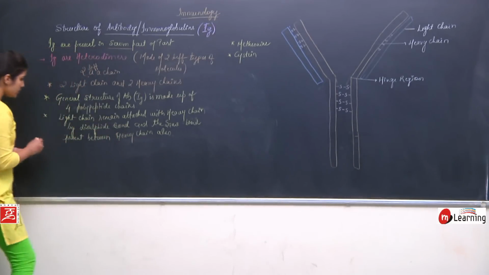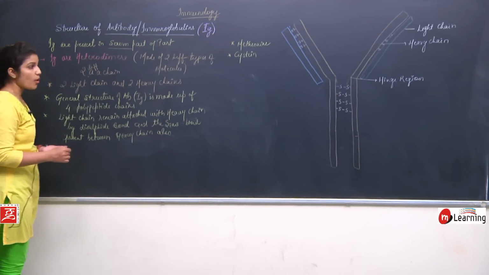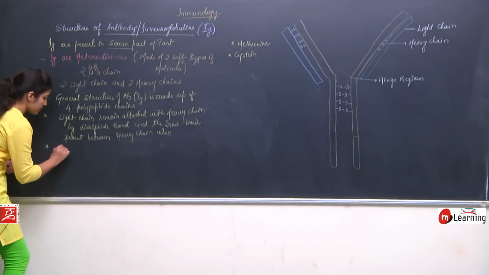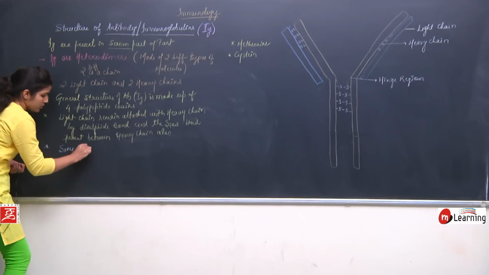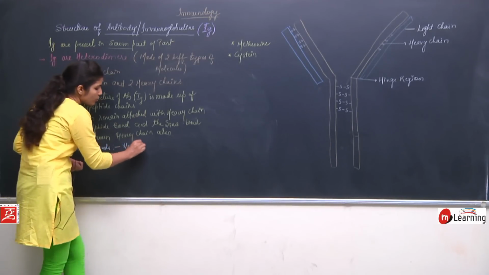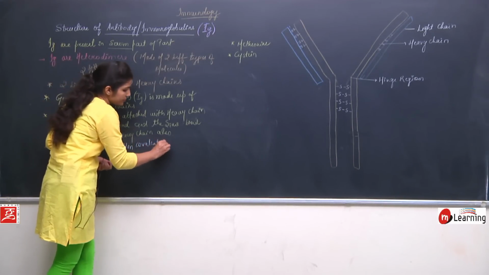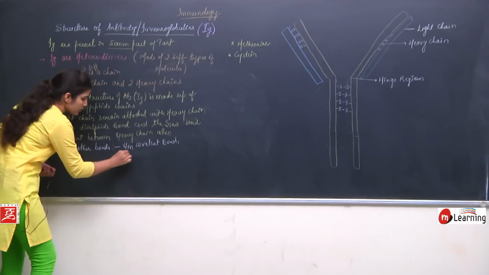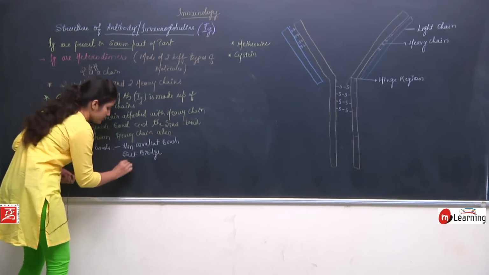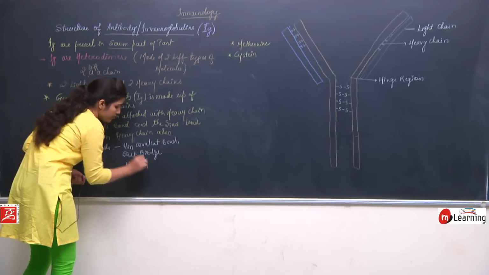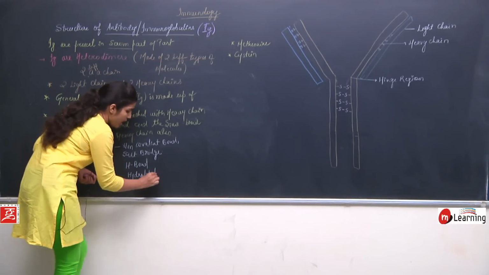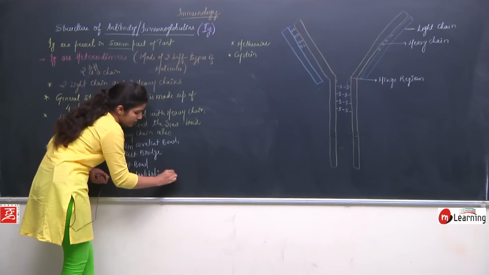Now, some other bonds responsible for stabilizing this immunoglobulin molecule are non-covalent bonds: salt bridge, hydrogen bond, and hydrophobic bond.